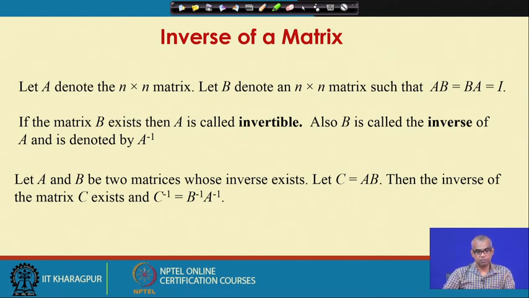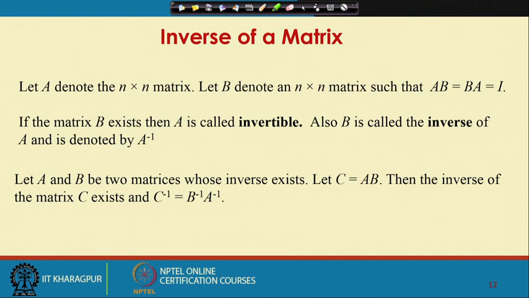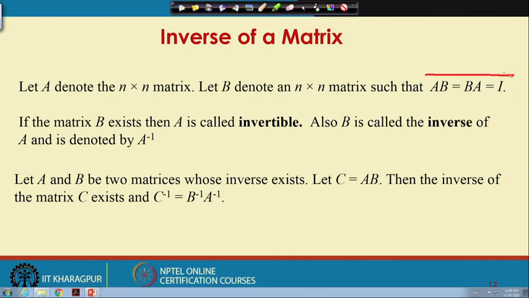Inverse of a matrix. Let A denote n by n matrix. Let us also consider another n by n matrix B, such that the product AB equal to the product BA equal to the identity matrix I. So, we have a matrix A which has dimension n by n.